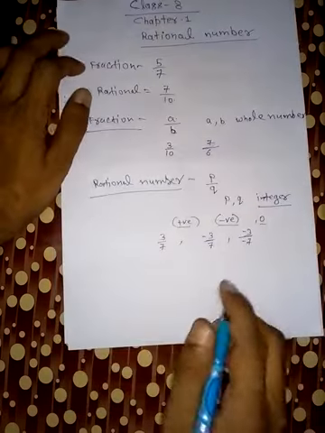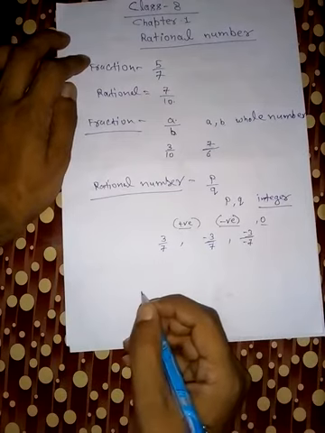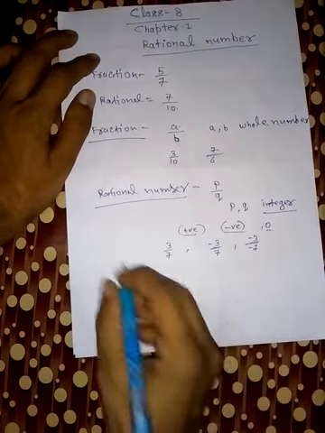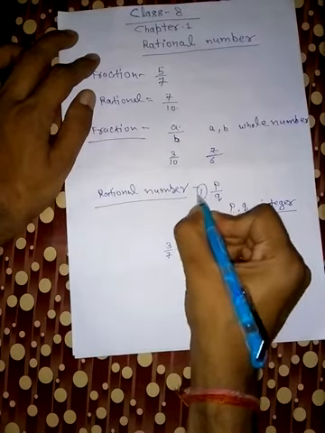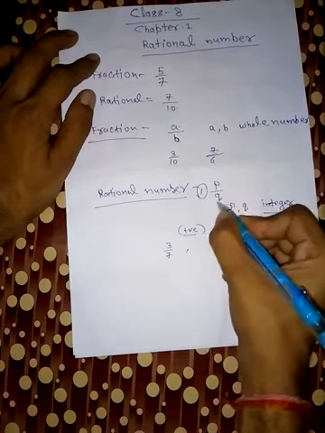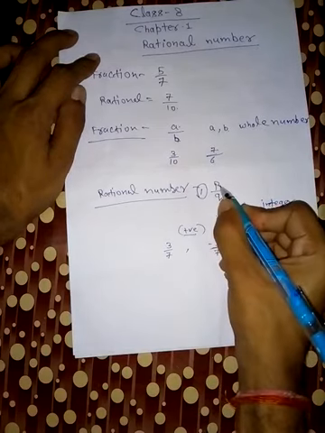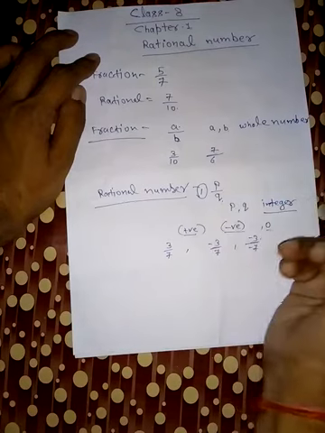Let's move to some more definitions that we can include in rational numbers. The first thing we have to notice, the number must be in the form of p upon q.